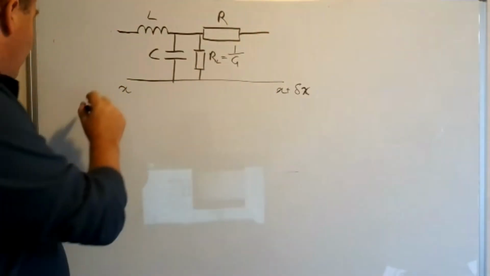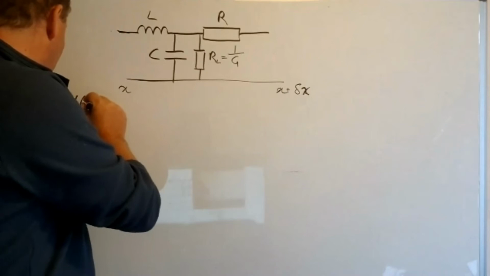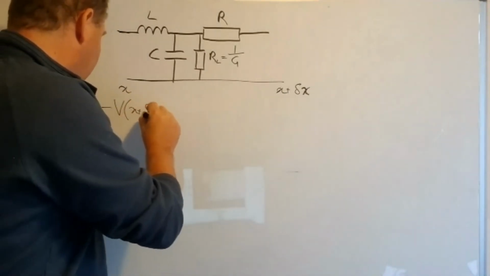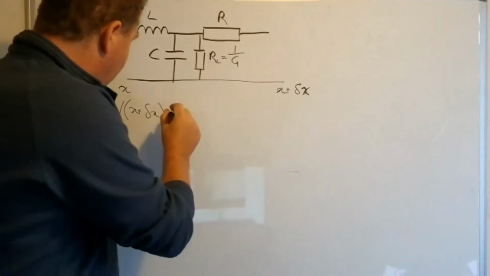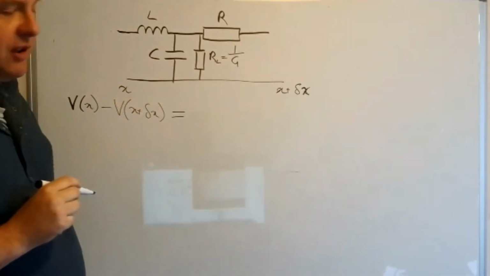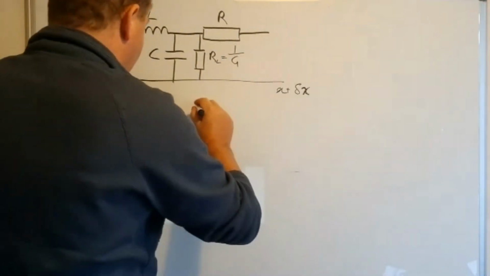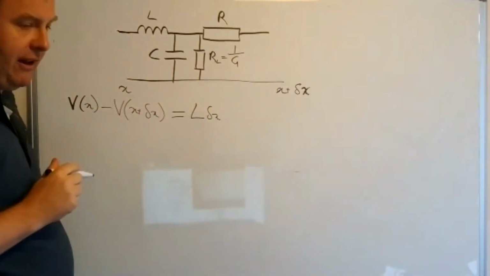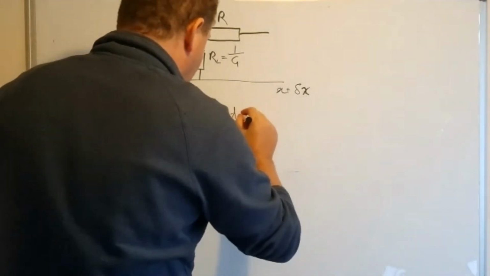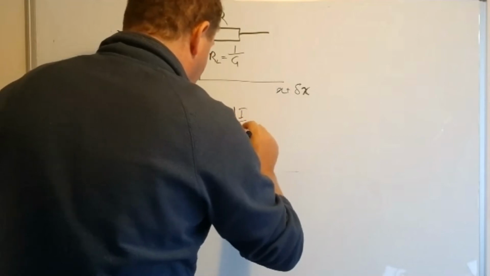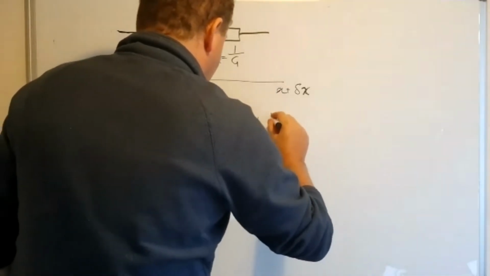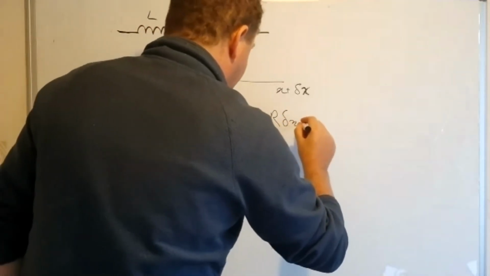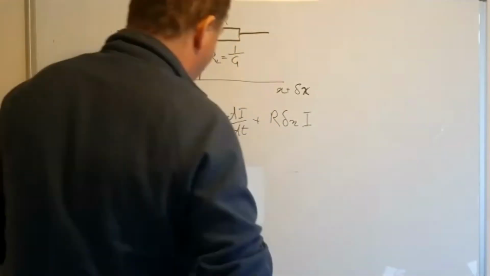So we can start with a voltage. We're going to start with the voltage at X minus the voltage at X plus delta X. And that's going to be given, so this is just applying Lenz's law, by the inductance, which is L times delta X, because remember L is per unit length, dI dt, plus the resistance, R delta X, times the current from Ohm's law.